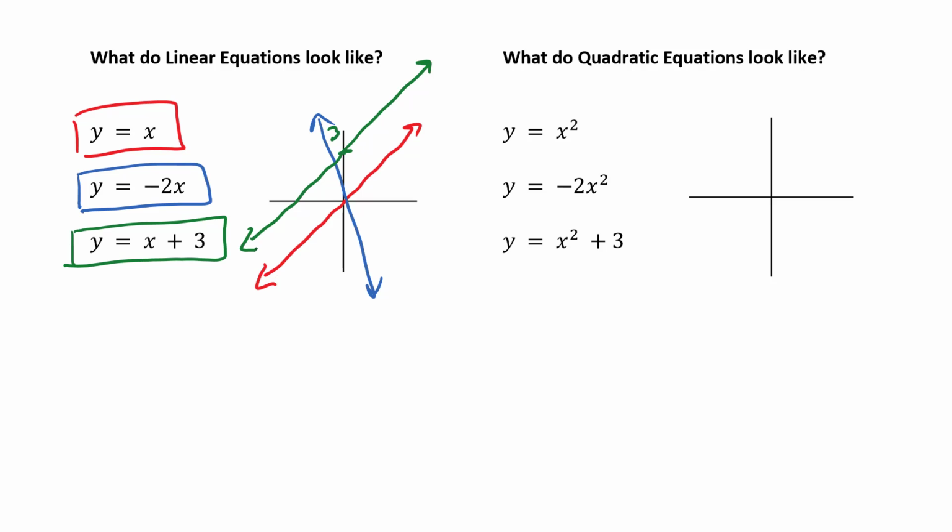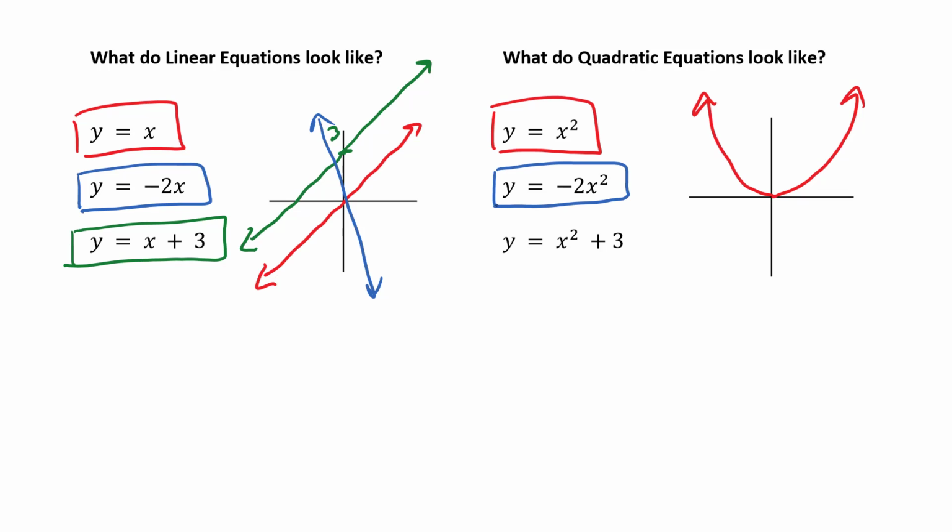Let's see what happens when we do the same thing with a quadratic equation. Y equals x squared. This looks just like this. It has one x-intercept at (0, 0). Let's apply our coefficient on our variable, negative 2, just like we did for our linear equation.